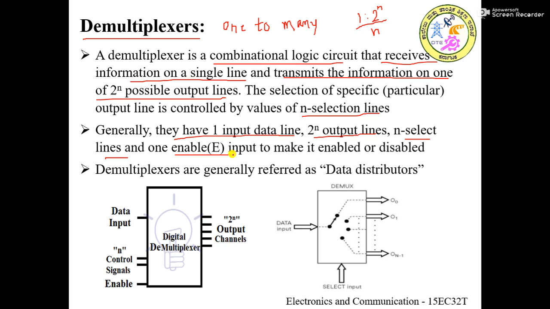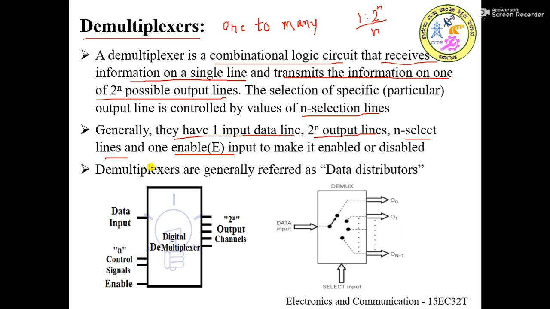Usually there will be an active high enable pin, meaning whenever a logic 1 is given to the enable pin, that will enable the logic system, and if you provide a logic 0 to the enable pin, that is going to disable the entire logic system.